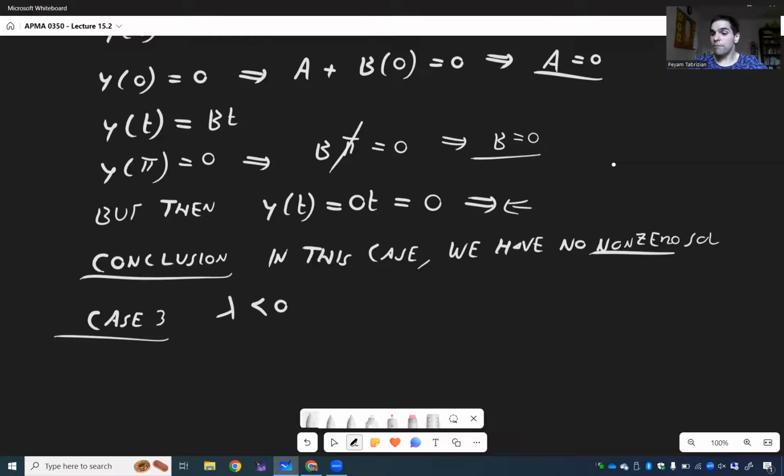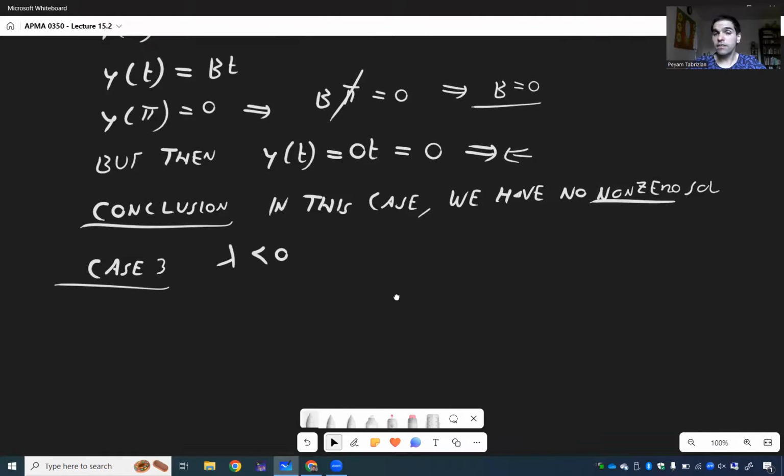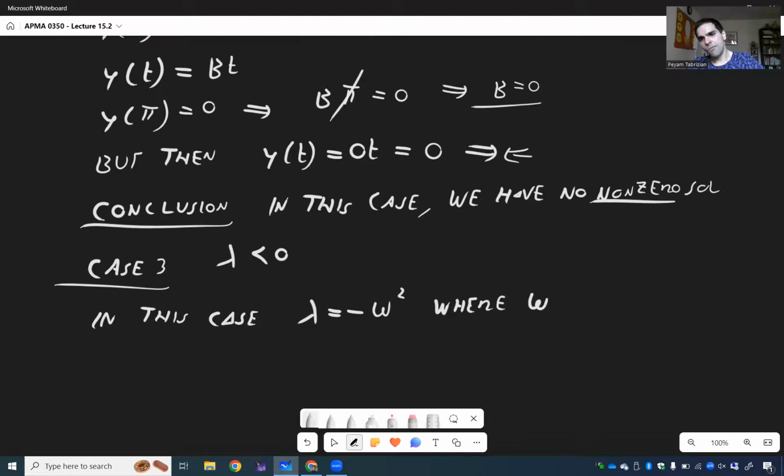So let's assume lambda is negative. And just like in case 1, we can assume lambda to have a special form. So in this case, lambda would be minus omega squared, where omega is some positive number.